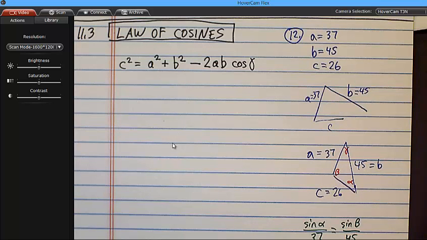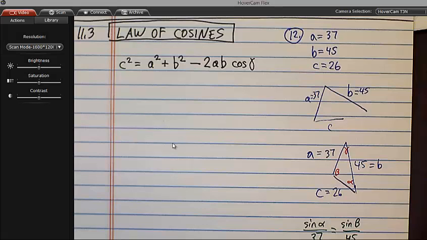Alpha. If I want to go for alpha, let's say that's the angle I want to go for, then I have to write the correct form of the law of cosines. This one has gamma in it. Okay? I'm going to need to use a different law of cosines formula. There are two more.